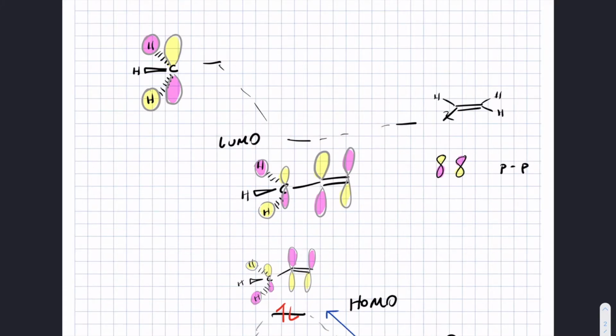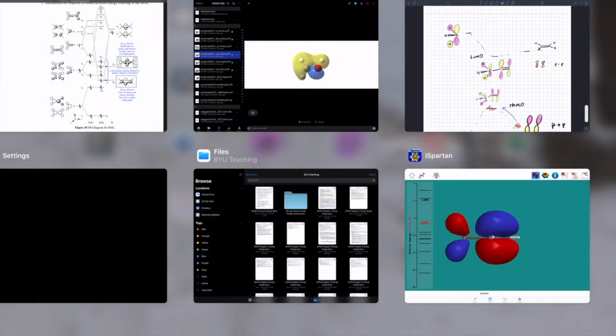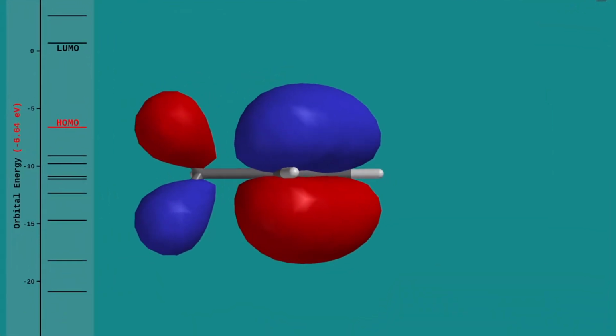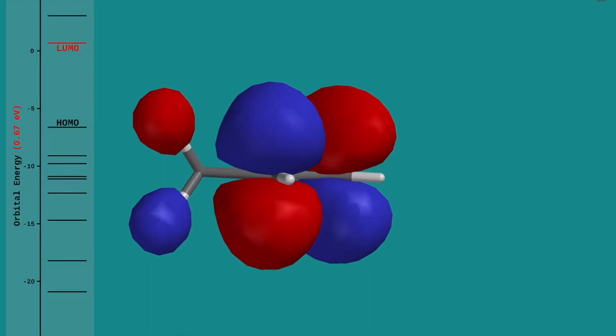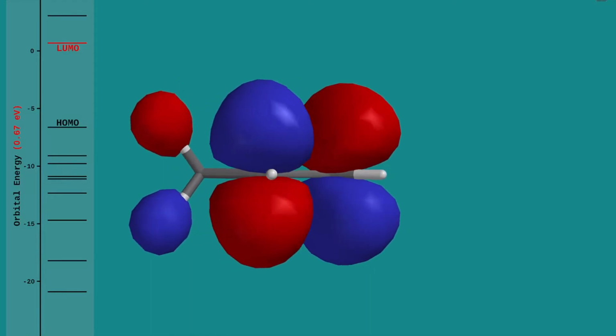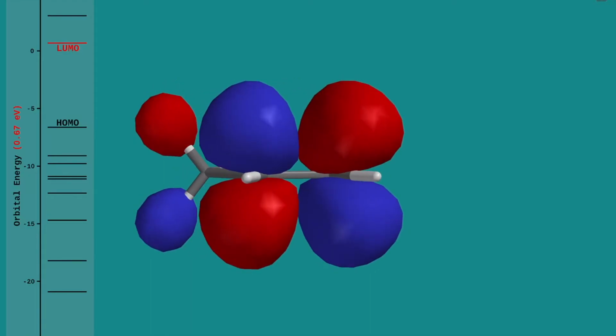What this tells you is some of the LUMO is actually on the methyl group, and in particular on those methyl protons. All right. So how can we see that here in Spartan? Yeah, we see there's the pi star.